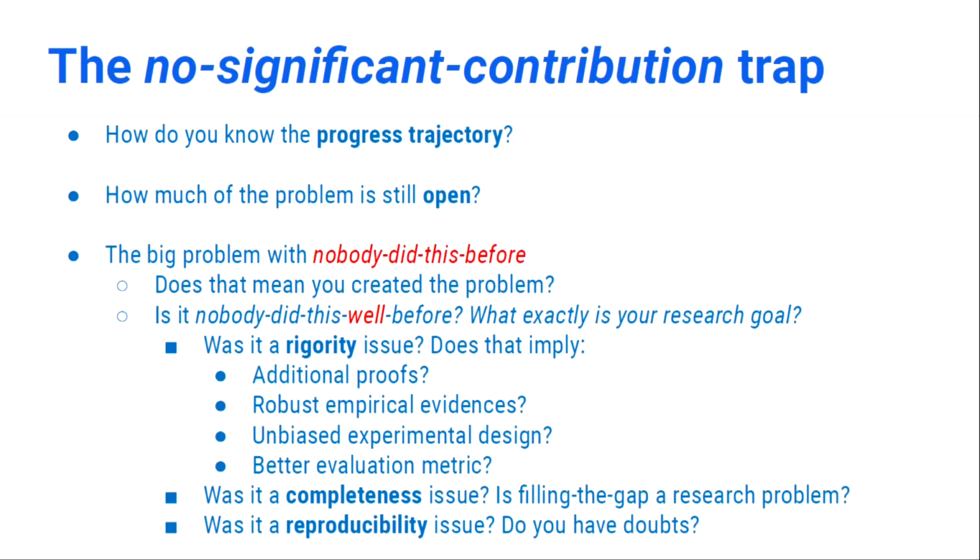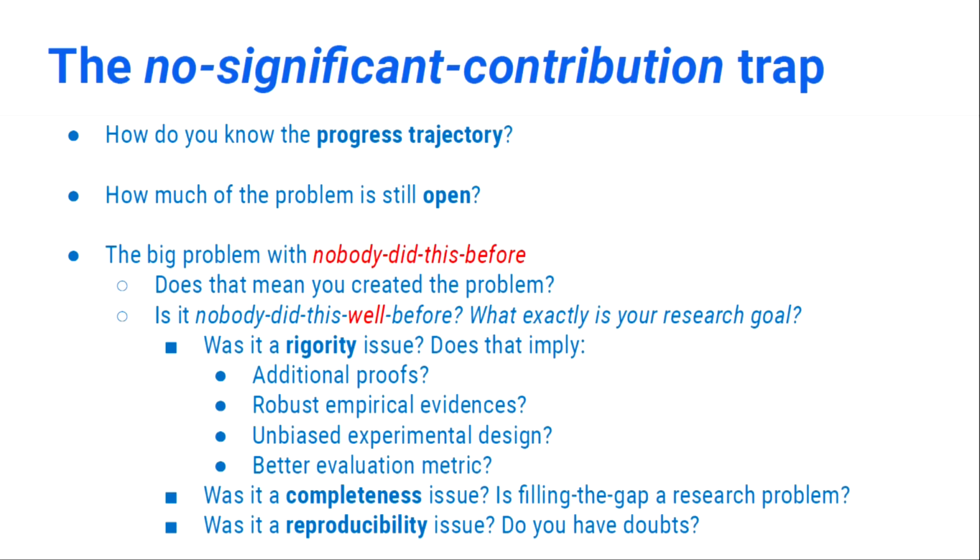How do you know the progress trajectory? No significant contribution trap. How much of the problem is still open? The big problem with "nobody did this before": does that mean you created the problem? Is it that nobody did this well before? Is that what you're thinking about? What exactly is your research goal? Was it a rigor issue?